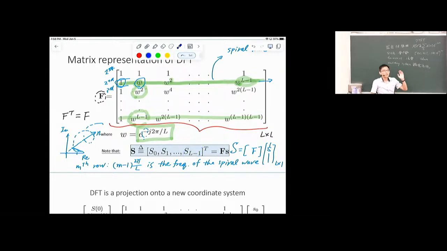So the linear transformation is an inner product, which can be thought of as projection. So basically, this is projecting from the time domain to the frequency domain. And each component tells us how much of the signal we have at separate frequencies, starting with DC, ending with the highest frequency. Okay? So that's the way we look at this matrix representation of the DFT.